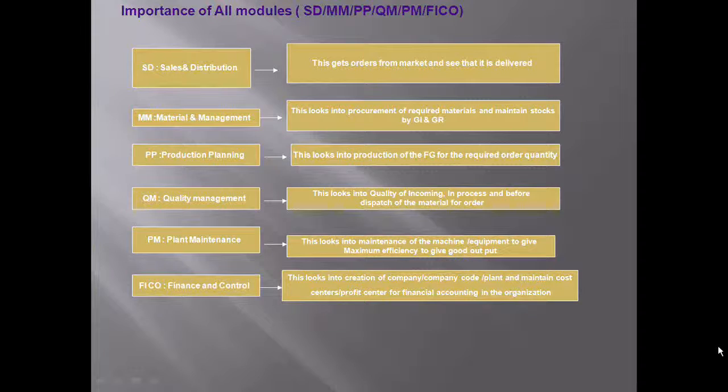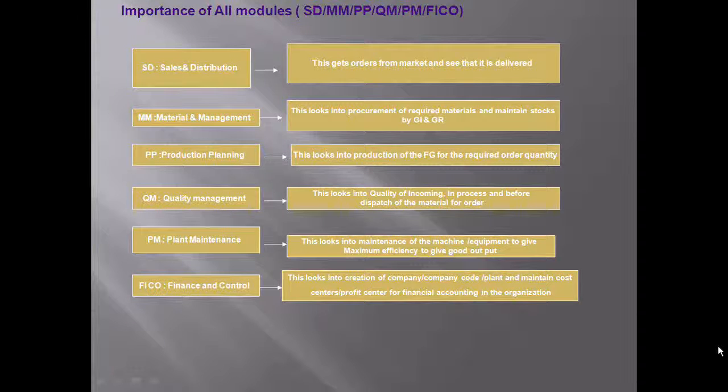Now, importance of all modules. To run any business, we require all these modules. SD gets orders from the market and sees that they are delivered. Material management looks into procurement of required materials, maintaining stocks by GI and GR. Production planning looks into production of the FG for the required order quantity. Quality management looks into quality of incoming, in process, and before dispatch of the material for the order.